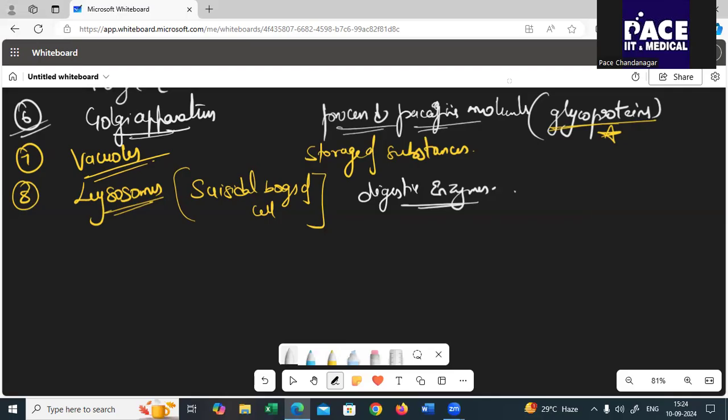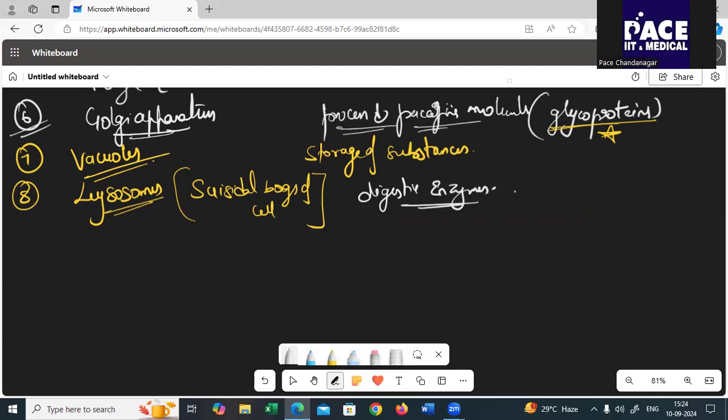Now, what if the whole cell is disturbed, the whole cell is not functioning well? Then it bursts out. Lysosomes are those particles that will burst out in the cell with all the digestive enzymes, thereby digesting the whole cell.